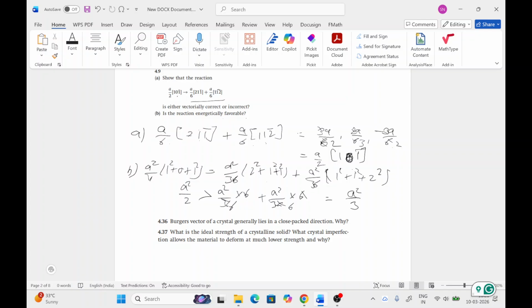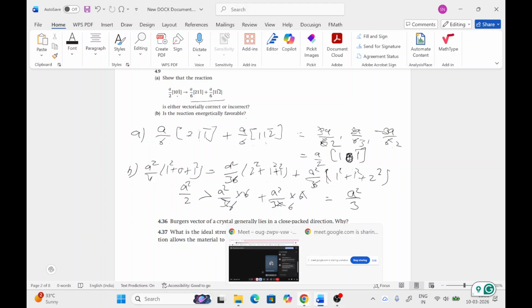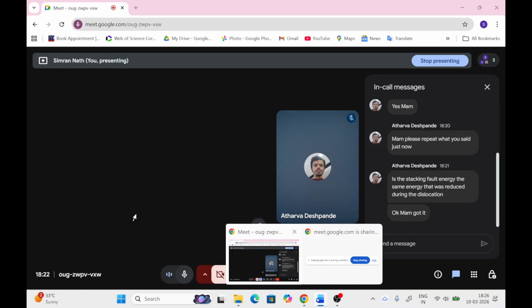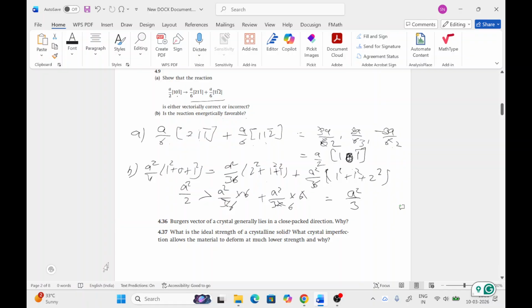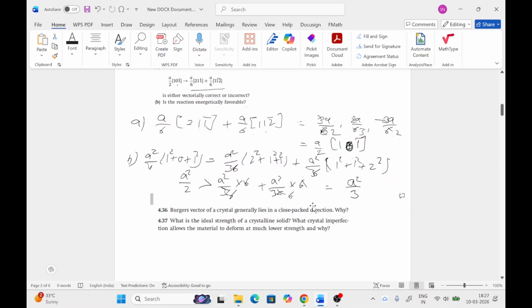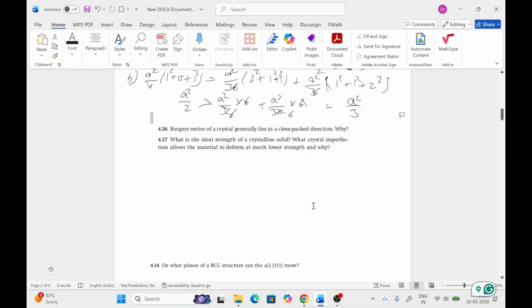Then it will be both vectorially correct and energetically favorable. Okay, so we will move to the next question.